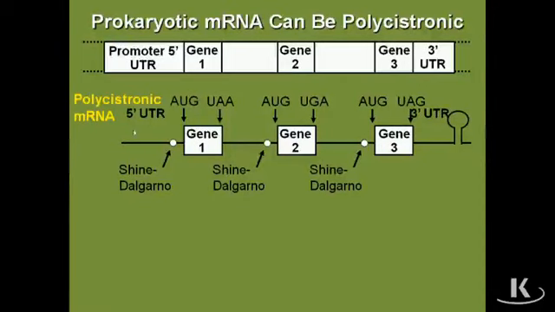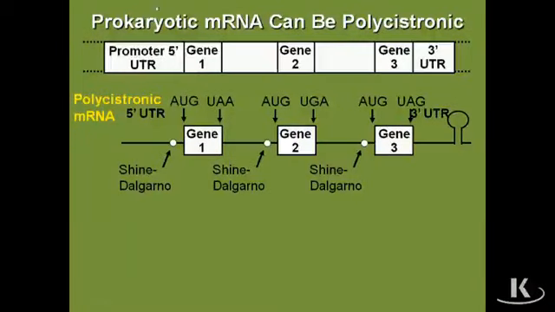This messenger RNA is going to go from its 5' end, which has the untranslated region, all the way down to the 3' untranslated region. You'll notice that many messages in the 3' untranslated region in prokaryotes will have this stem loop structure. There's a little stem with a loop on top of it. That simply helps transcription termination. If you're ever asked about stem loop structures and the significance of them, it's in transcription termination.